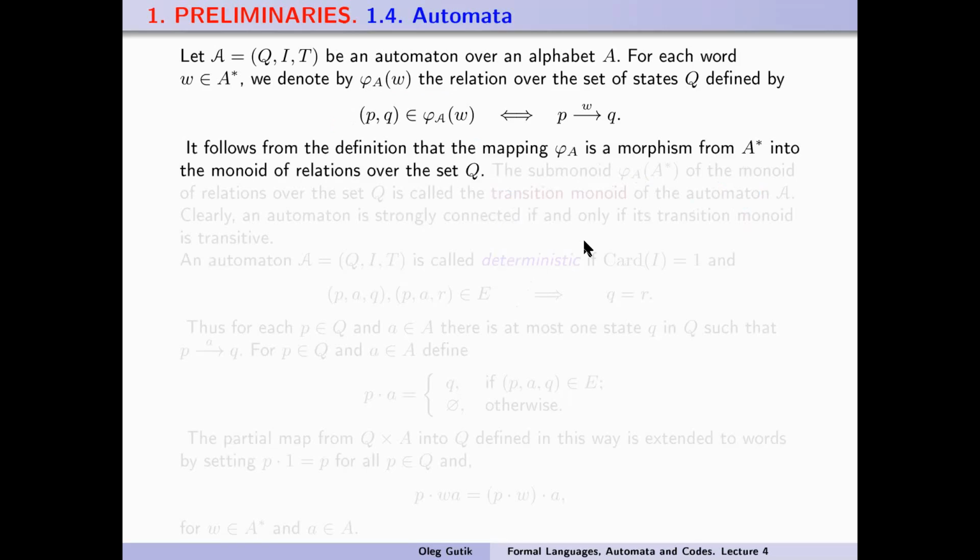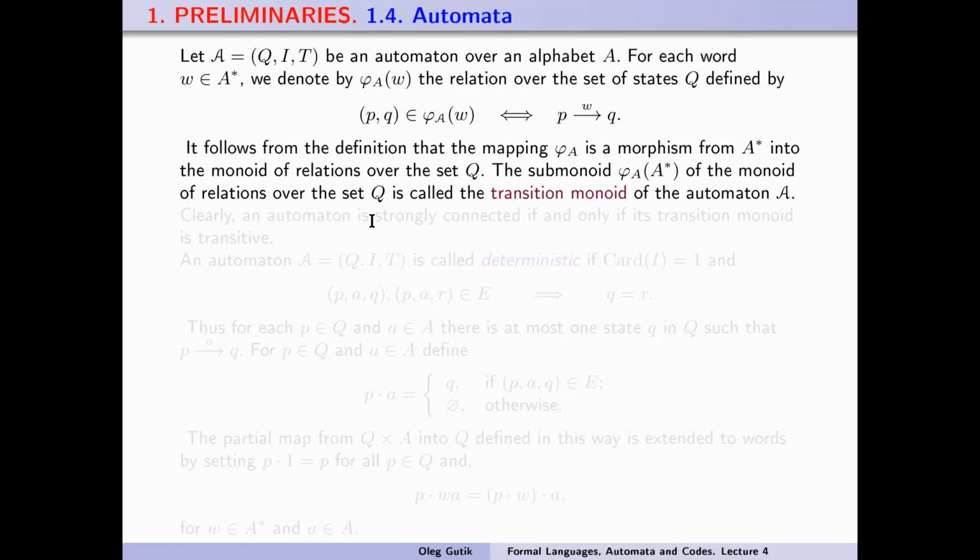It follows from the definition that the mapping phi sub A is a morphism from the free monoid A* into the monoid of relations over the set of states of automaton A. The image of phi sub A, a submonoid of the monoid of relations over the set of states Q, is called the transition monoid of the automaton A. Clearly, an automaton is strongly connected if and only if its transition monoid is transitive.